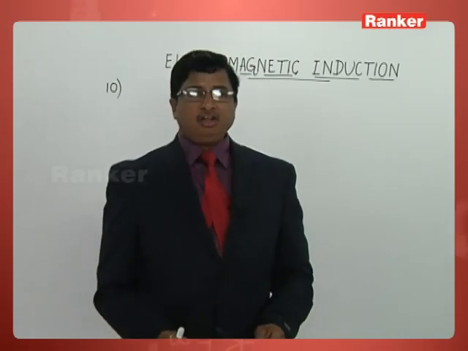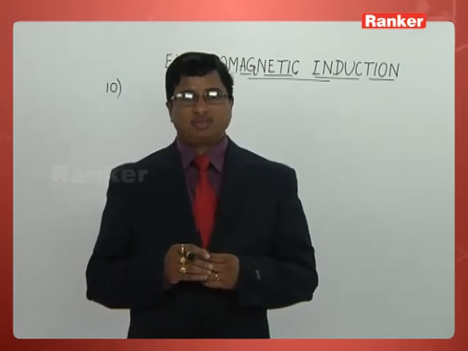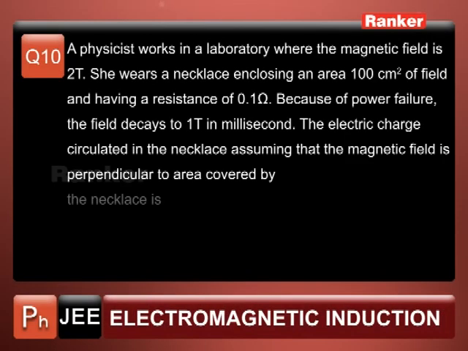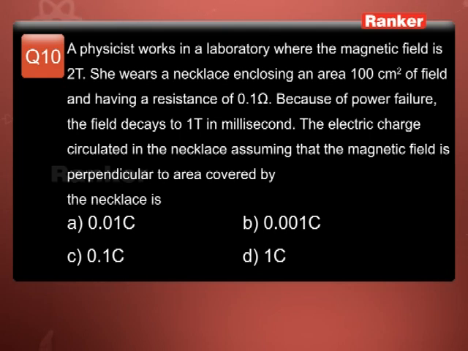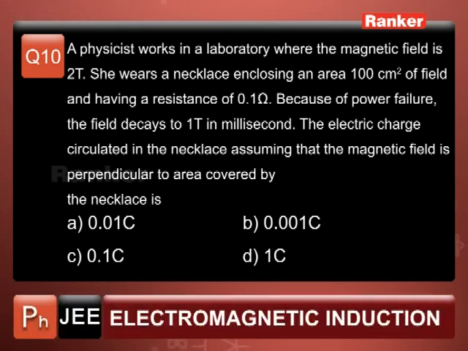A very interesting description has been made in the next problem, problem number 10 I am talking about. A physicist works in a laboratory where the magnetic field is 2 Tesla. She wears a necklace enclosing an area of 100 centimeter square of the field and having a resistance of 0.1 ohm.